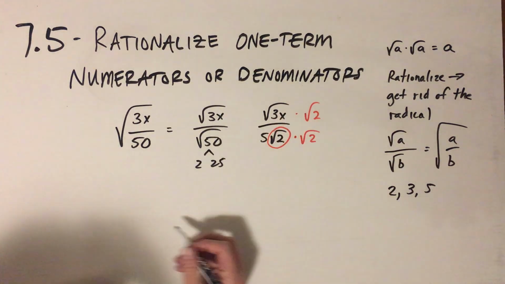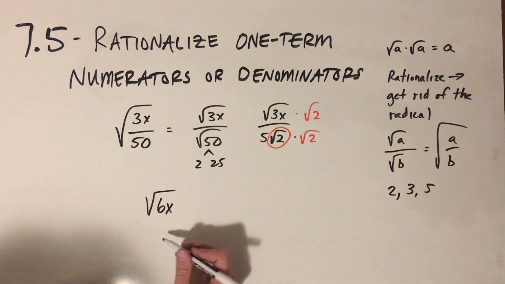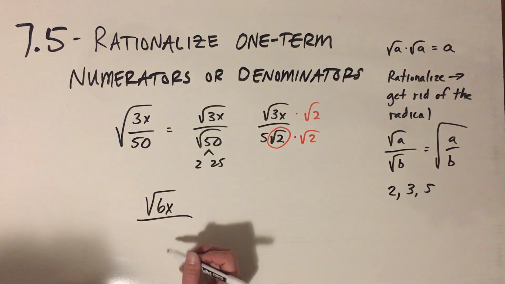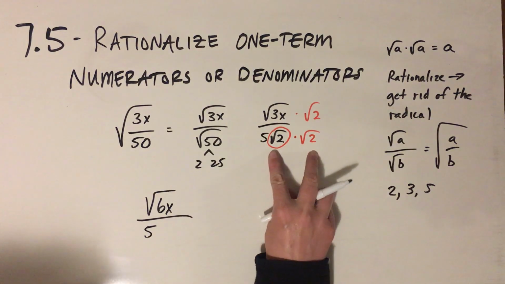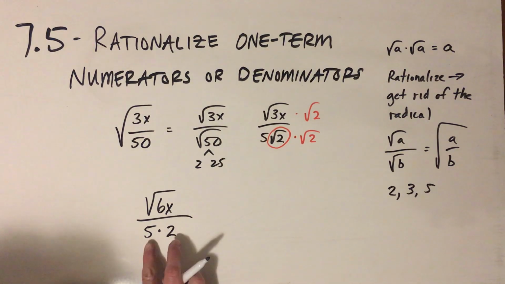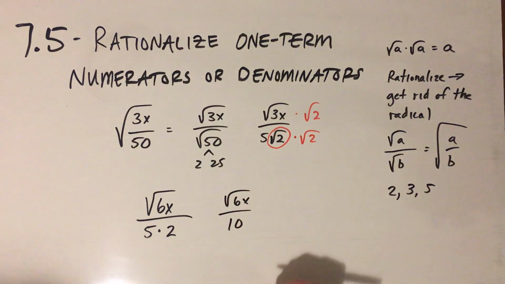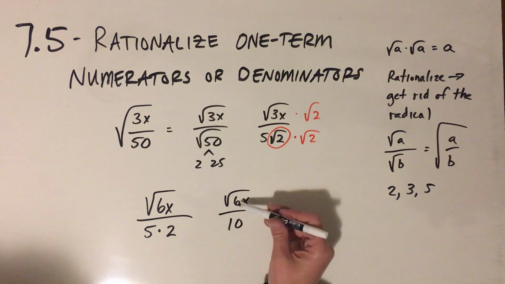So on top, I'm going to have the square root of 6x. And on the bottom, what do I have? Well, I have a 5 here already, but the square root of 2 times the square root of 2 is just 2. 5 times 2 is going to give me 10. Now, can I cancel a 2 out of this 6 and this 10?